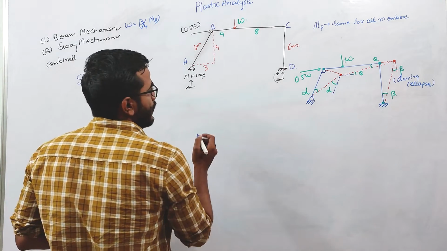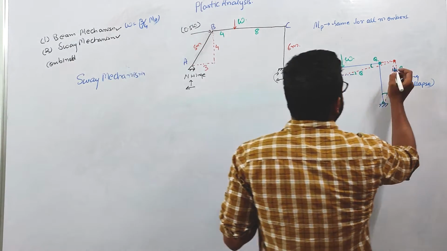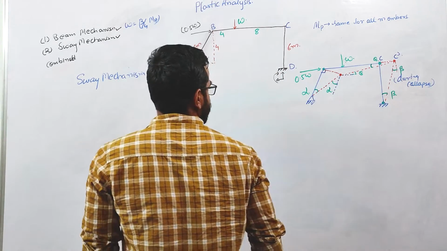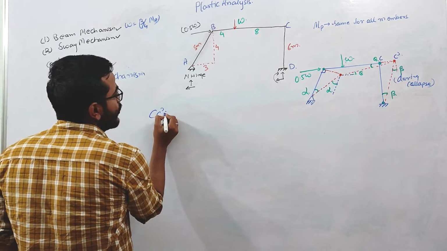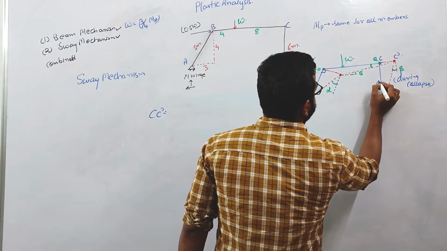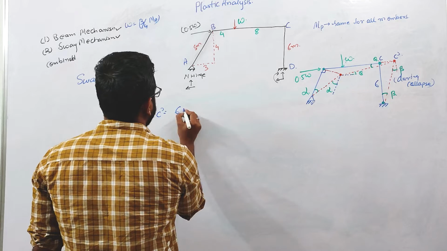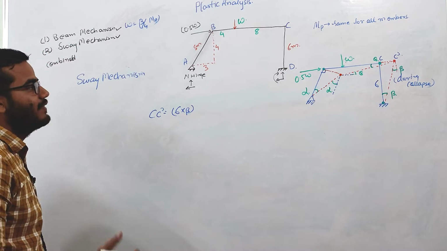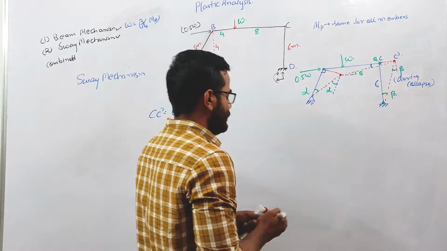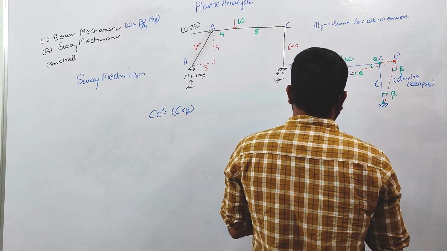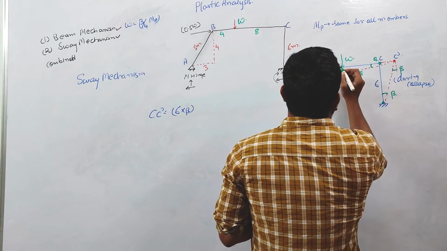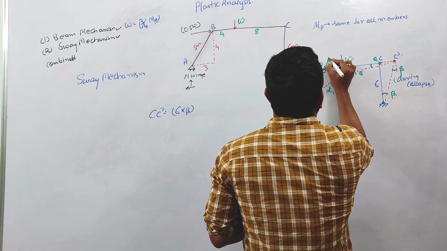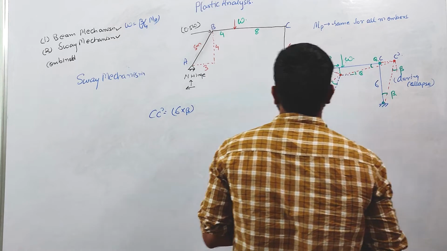So at this point, what will be this displacement? Let us suppose this is C, this is C dash. What will be CC dash? CC dash will be equal to this distance, this is 6 meter, so I can write 6 into beta, if beta is very, very small. Similarly, the horizontal displacement, let us suppose this is delta dash.